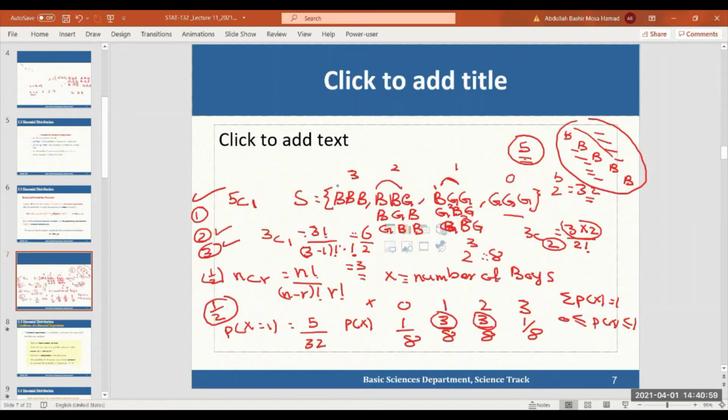If these 4 conditions are satisfied, we call this a binomial distribution. Binomial distribution is very famous. It creates a probability distribution. Why famous?